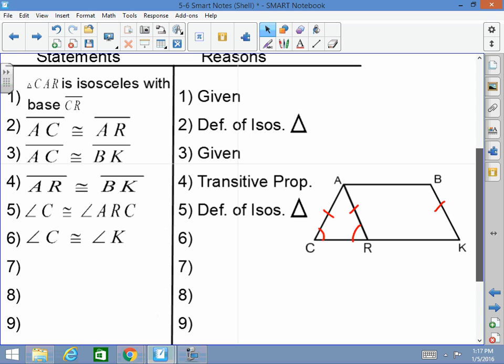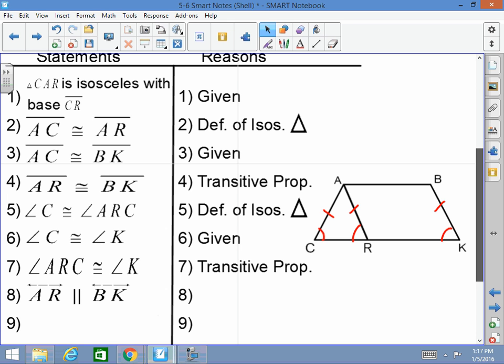Then I can say that angle C is congruent to angle K. Why can I say that? It's given. Very good. Then from there, I can say that angle ARC is congruent to angle K because of transitive. Very good, my brother. And then I can say that AR is parallel to BK.